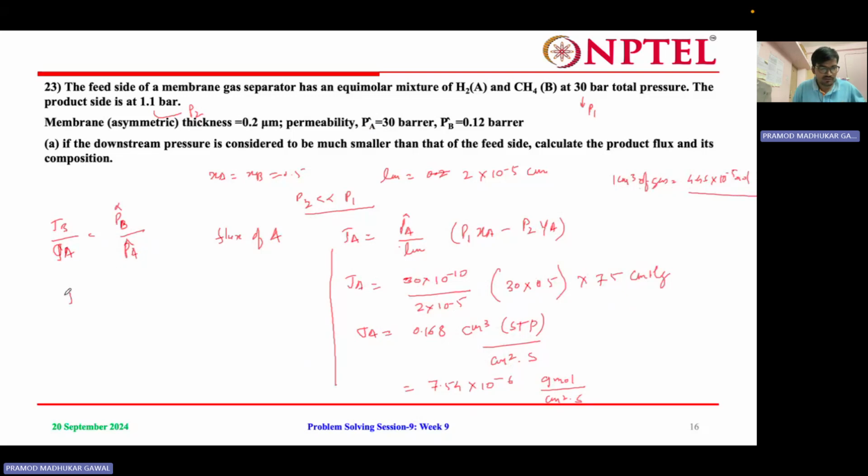So JB equals JA times PB over PA, which is 7.52 times 10 to the power minus 6 times 0.12 divided by 30.